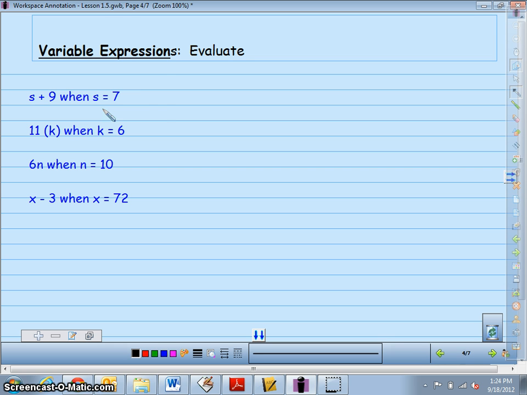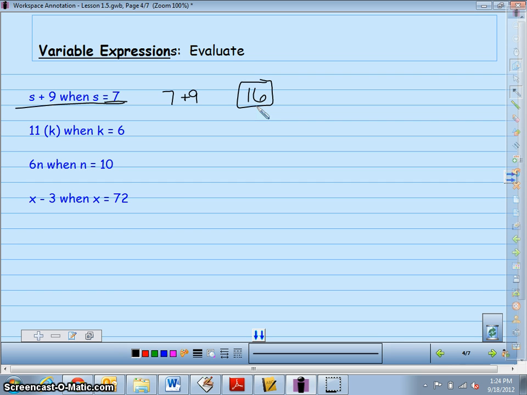So I'm going to rewrite my problem. Instead of writing s plus 9, I'm going to plug in this 7. 7 plus 9. When I simplify that, I know 7 plus 9 is equal to 16. So when I evaluate this problem here, when s equals 7, my answer is 16.